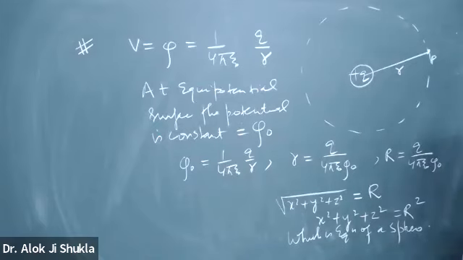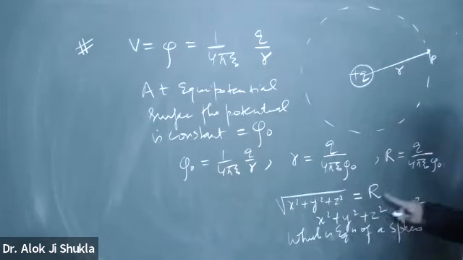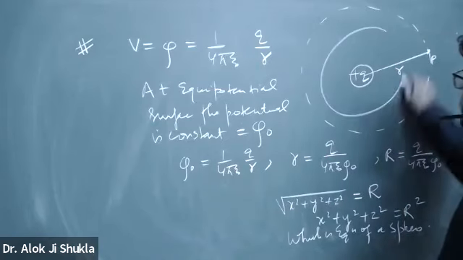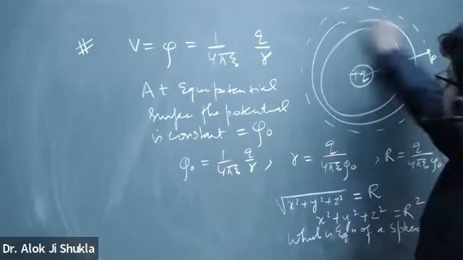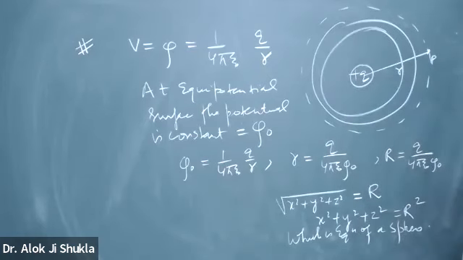So जैसे ही phi naught की वैल्यू बदलोगे, यहाँ पे R की वैल्यू बदलती जाएगी and you will get multiple equipotential surfaces. Are you getting it?